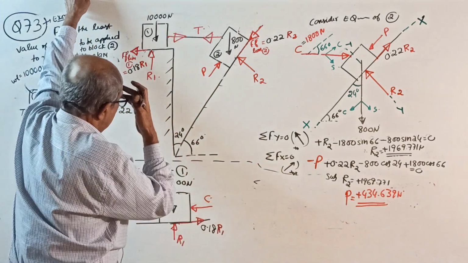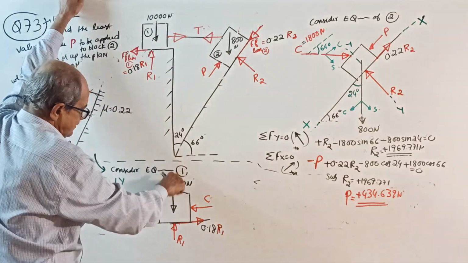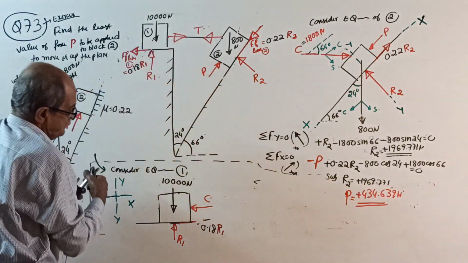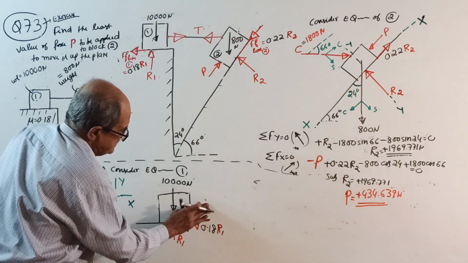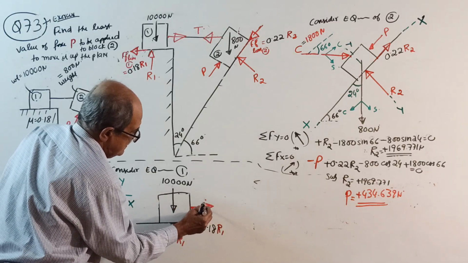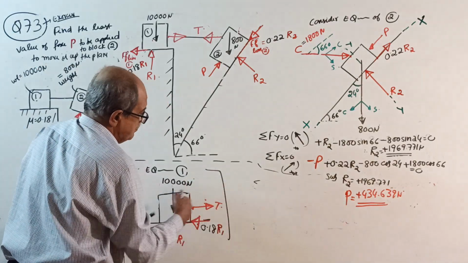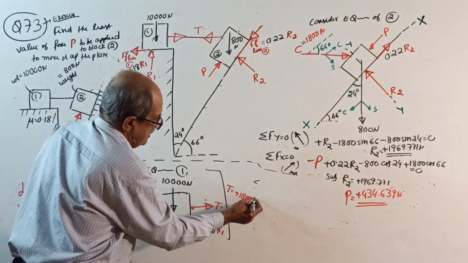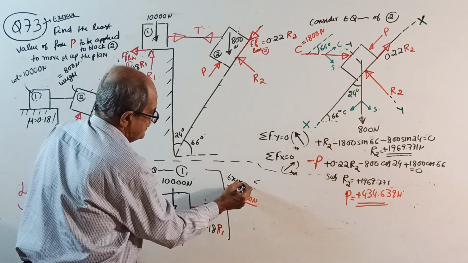Now solve. See, unknown is here. So start from here. 10,000 is R1. Friction is this side, and this is tension T. You solve this one. Your T will come the same as last time, plus 1800 Newton. Exercise for you.